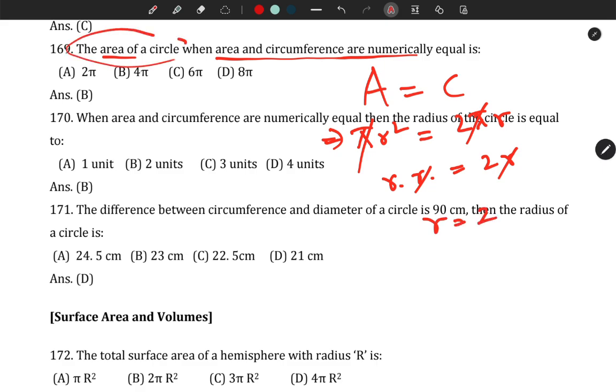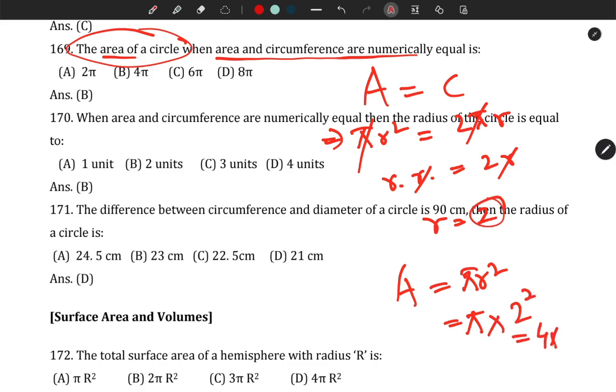And we have to find the area of the circle. So area of circle is pi r square. Let's leave it as pi. Radius is 2, so 2 square makes 4 pi. So the correct option is 4 pi.